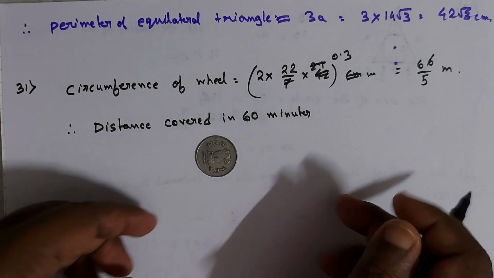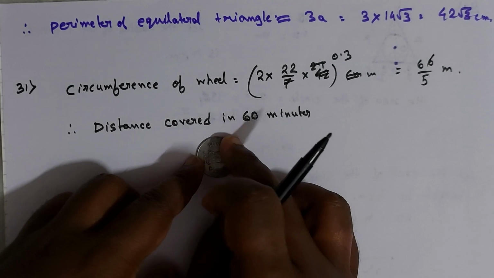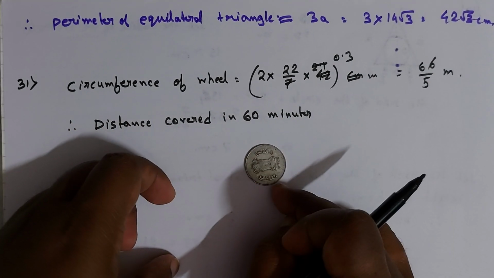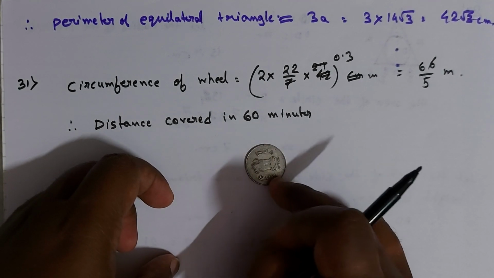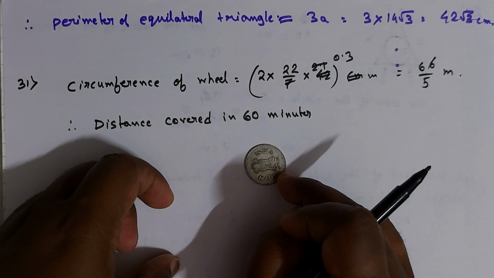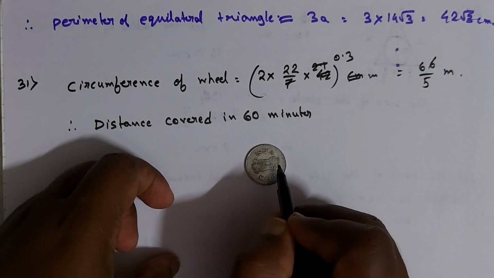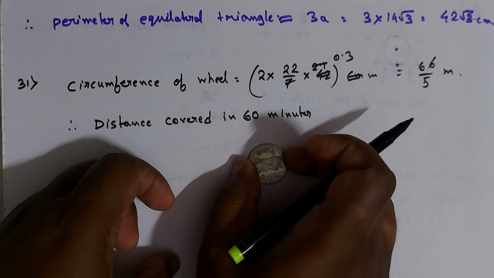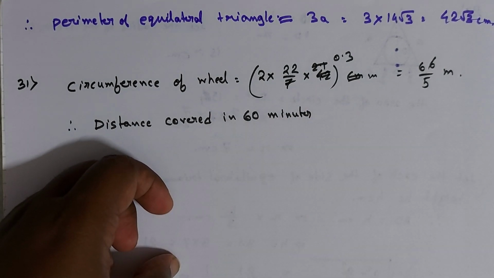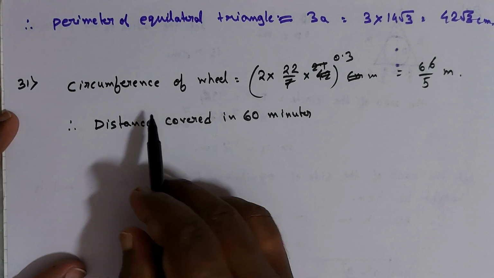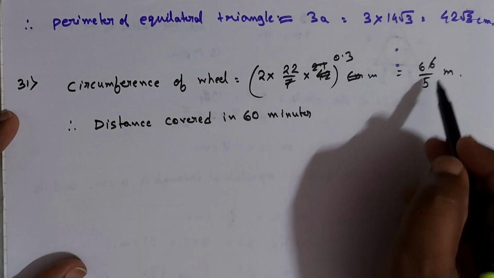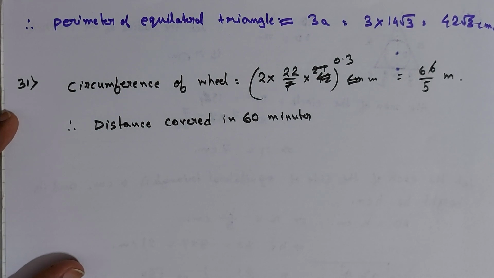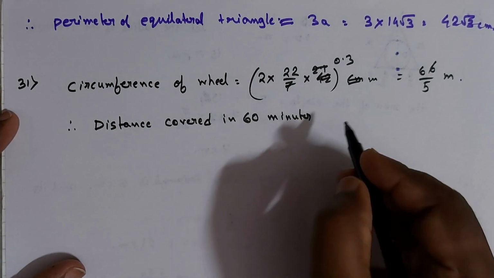See, if this is the wheel, if it is totally round, in one revolution it will cover only its circumference, the distance covered by one revolution, means the circumference of this wheel. Okay, so in a minute it does 75 revolutions.